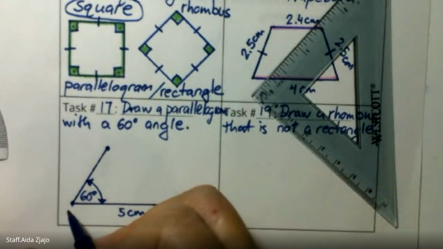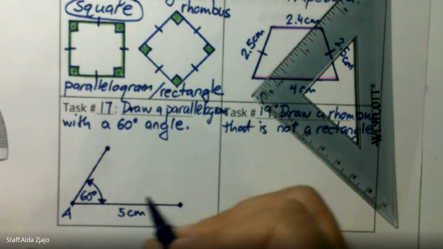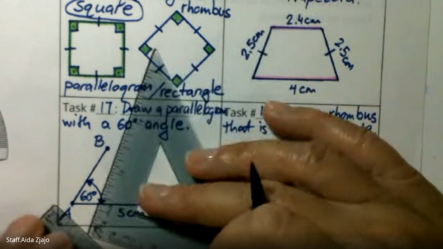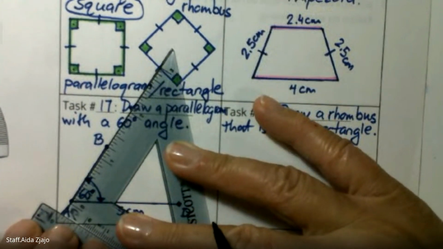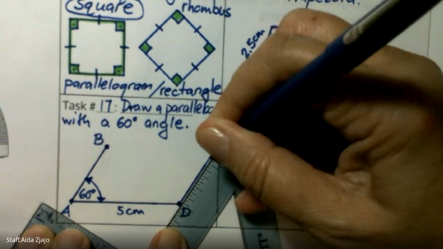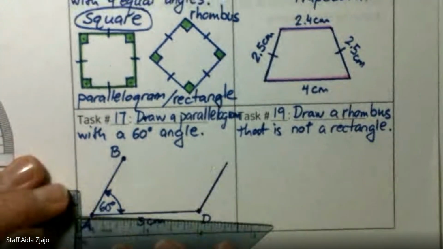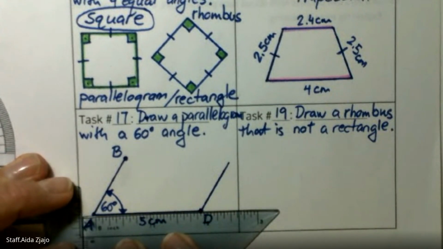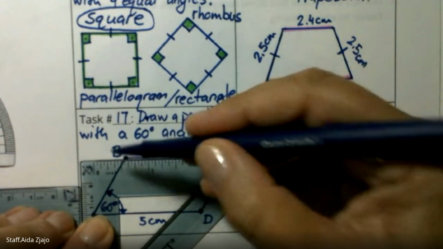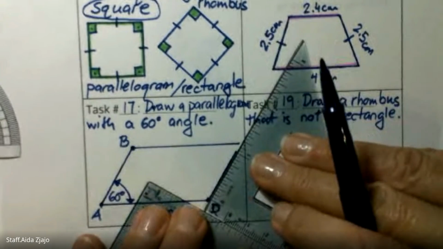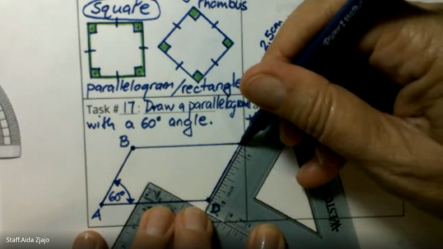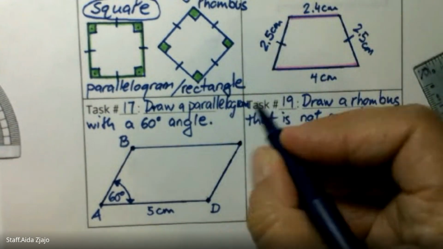Like if I call this A, B, C, and D. So A and B have to be parallel to D and C. So I'm just going to do a little bit like that, and then A and D have to be parallel to B and C. Again, I now need just to connect these, and it will be a perfect parallelogram with a 60 degrees angle.